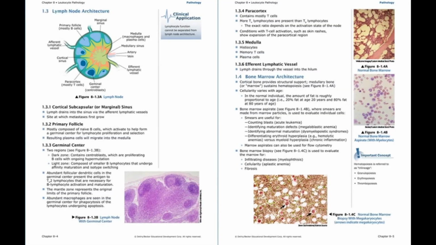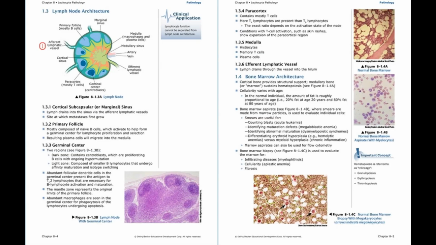So the architecture of a lymph node is seen in figure 8-1.3a. And this is really just a very practical application of the immunology you learned in the immunology system. So let's just walk through how a working clinician thinks about the immunologic signal. We start in the afferent lymphatic vessel. Remember, we've had some sort of event occur in the periphery of this.